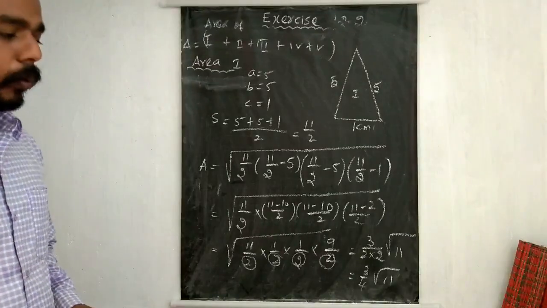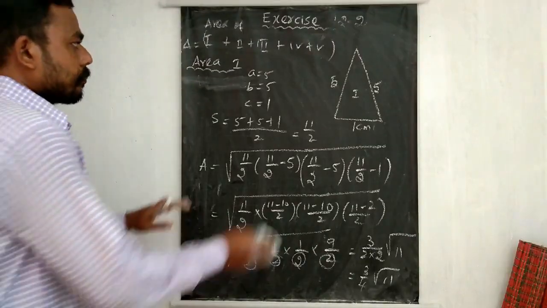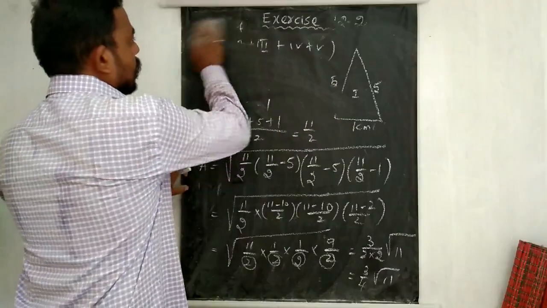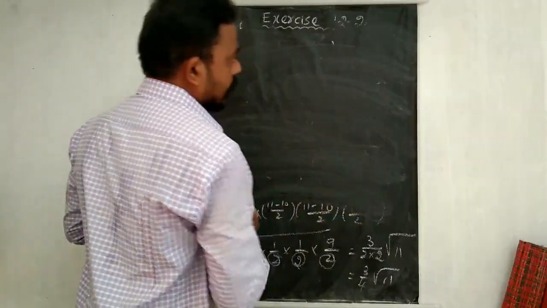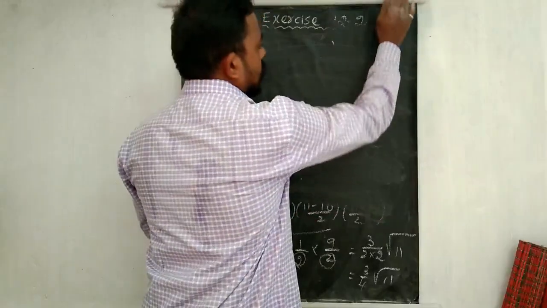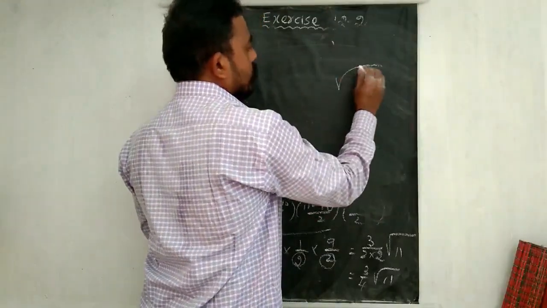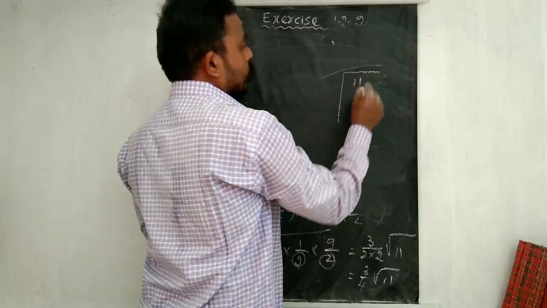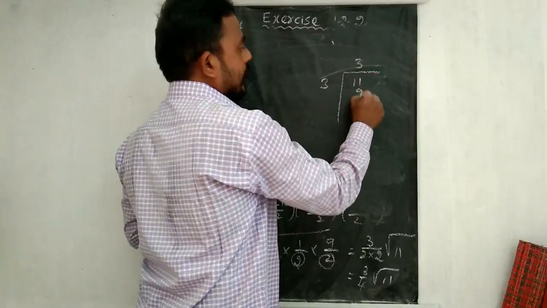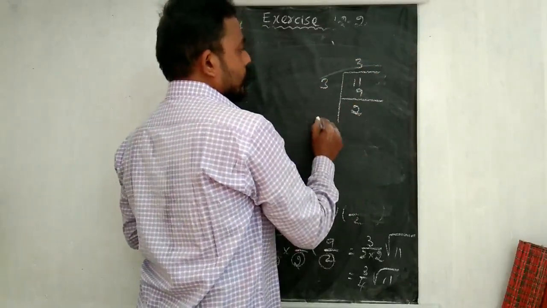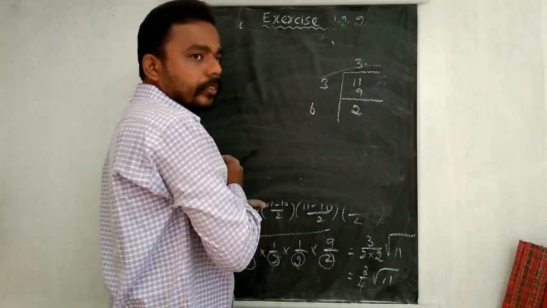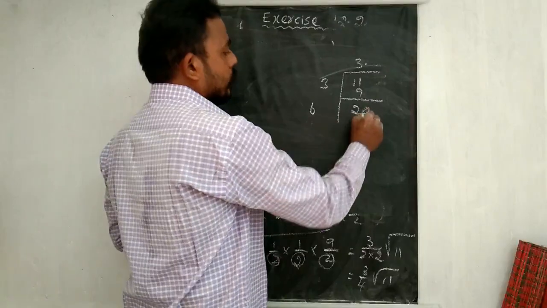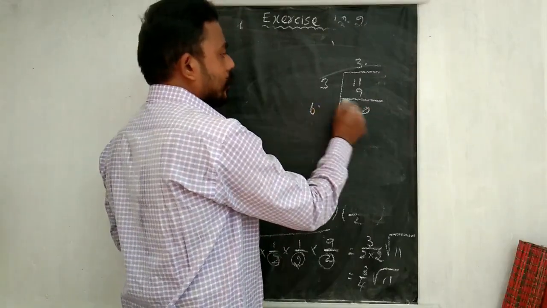Now I need to find the root 11 value. Root 11, 3 3s are 9, remaining 2. So I can put a decimal because of 6 here. Now introduce 20; here any number is not possible.